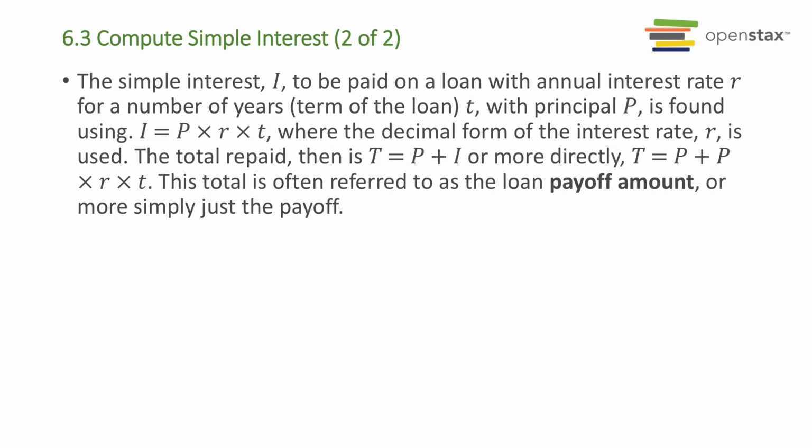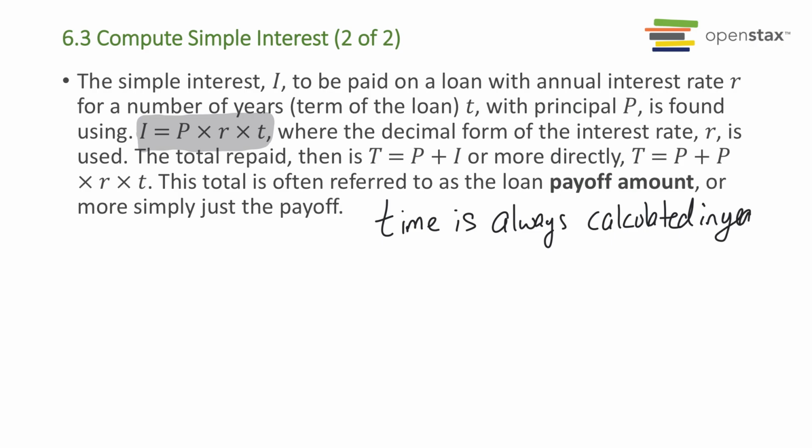So simple interest is computed by this formula, I equals PRT, or principal times rate times time. What's important here is that time is always in years. We're going to see why that's important when we talk about partial payments.